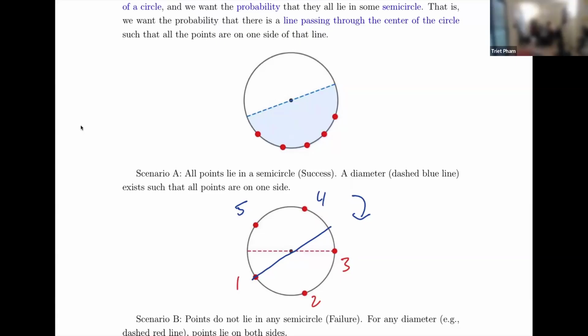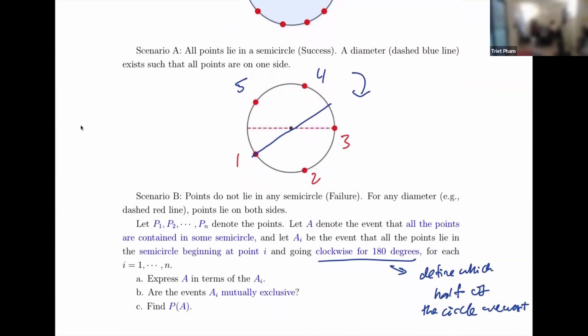But when you think about it in the language of this event right here, it really is enough to go through each point once and only look at a particular half, as long as you do it consistently. That's actually the crux here.